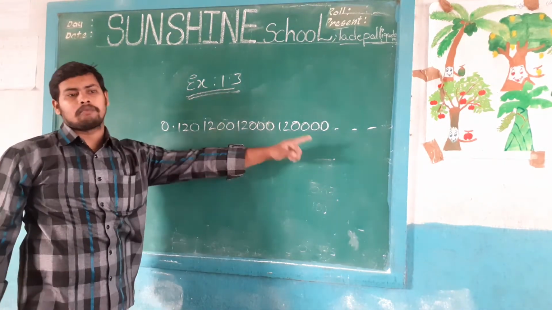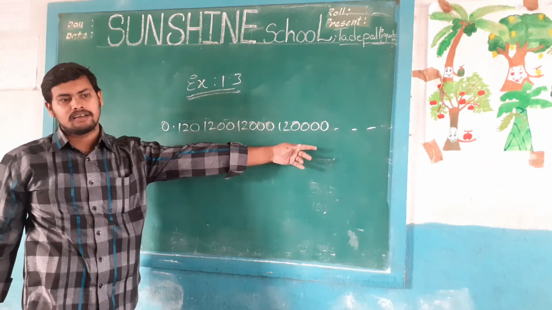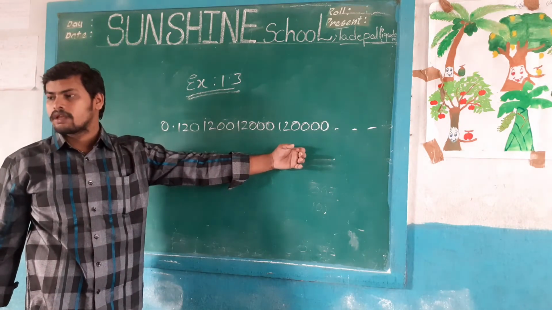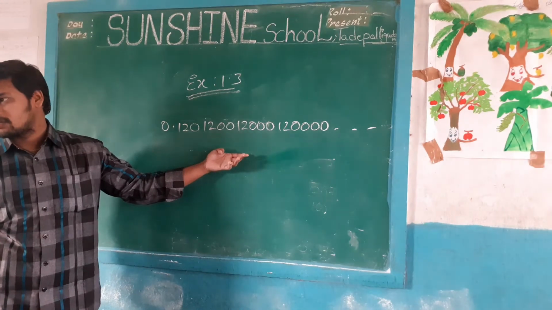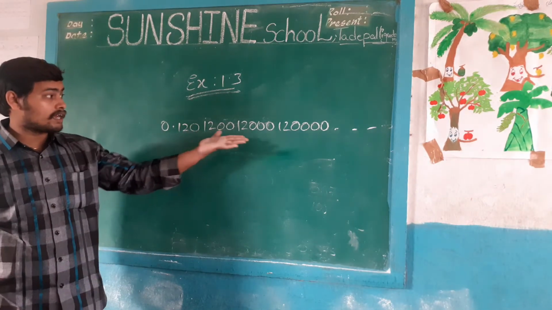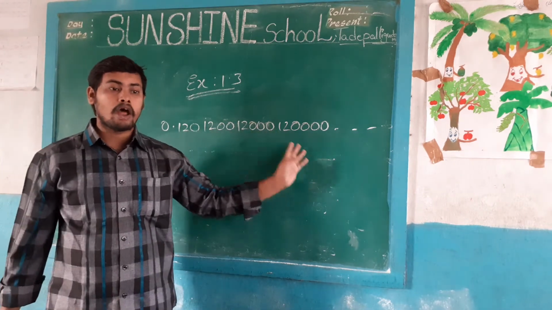First of all, is it terminating or non-terminating? Mokshita, is it terminating or non-terminating? Non-terminating. Repeating or non-repeating? Non-repeating. First value is 120, second value is 1200, third value is 12,000. In the similar way, it is non-repeating.